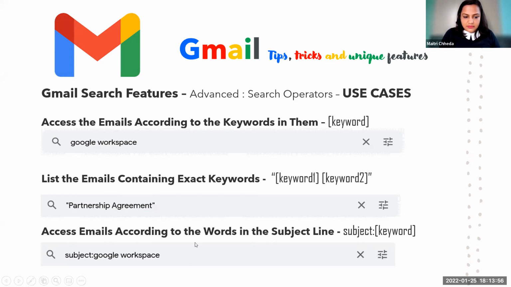All right. Now, if you want emails which have the subject as Google Workspace, or a specific keyword in the subject: you get a lot of intimations, for example the CPC intimations, that your contact details are updated. So you could just search subject, and then contact details updated. That's it.